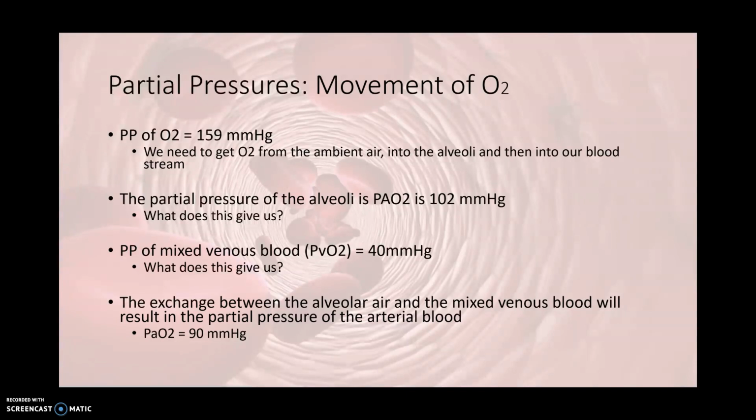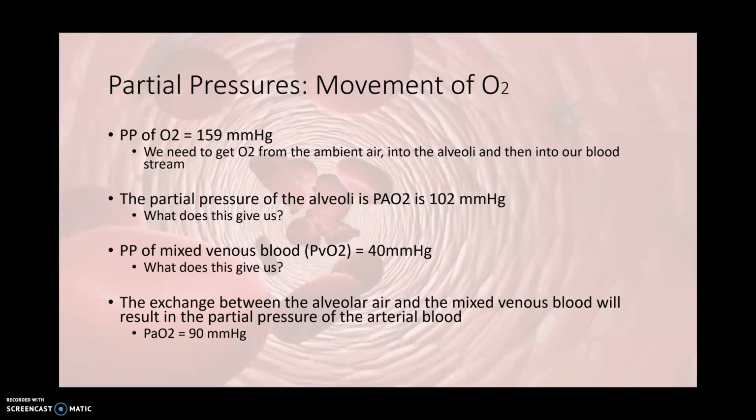This gives us about a 60 millimeters of mercury gradient to get from the air into our lungs, into our alveoli. The PAO2 is 102 because it is decreased due to the moisture being added to the air from the water vapor pressure, which is actually 47 millimeters of mercury.